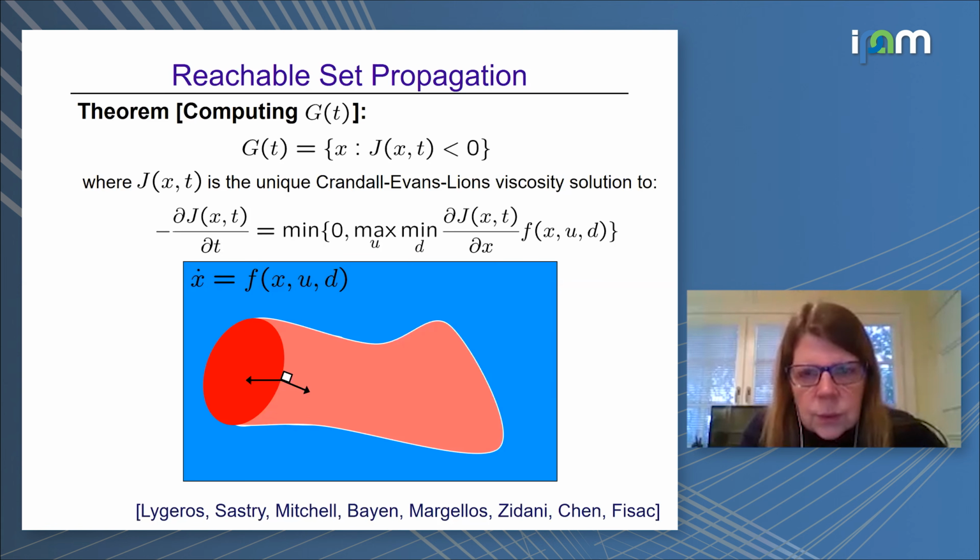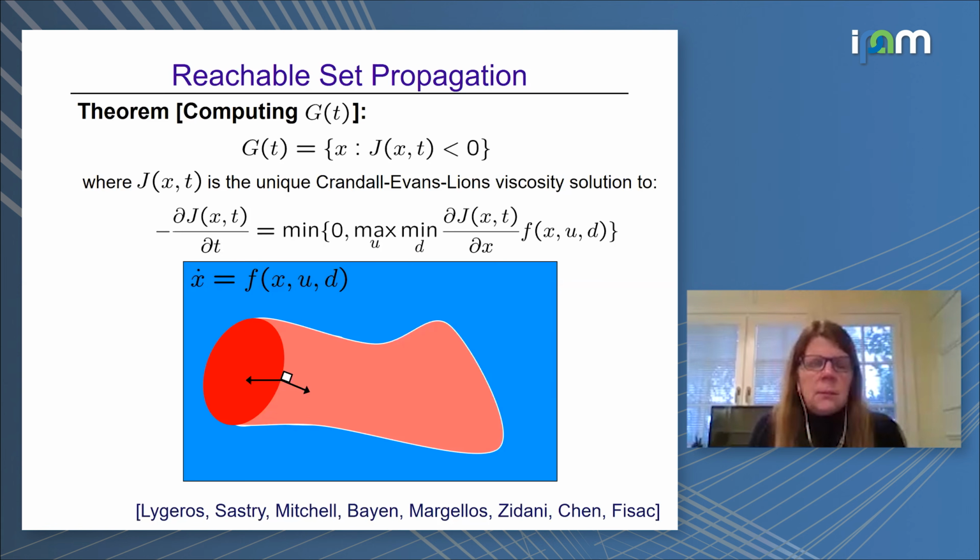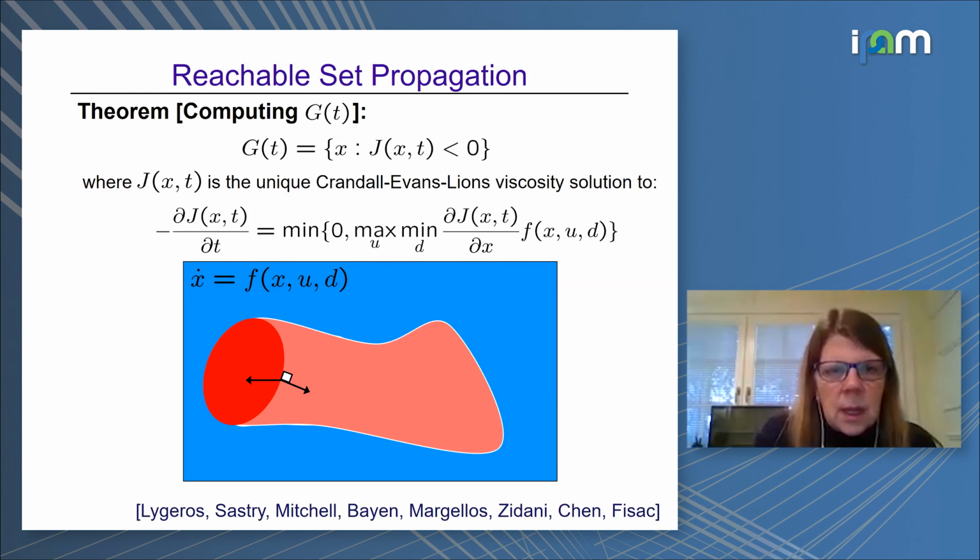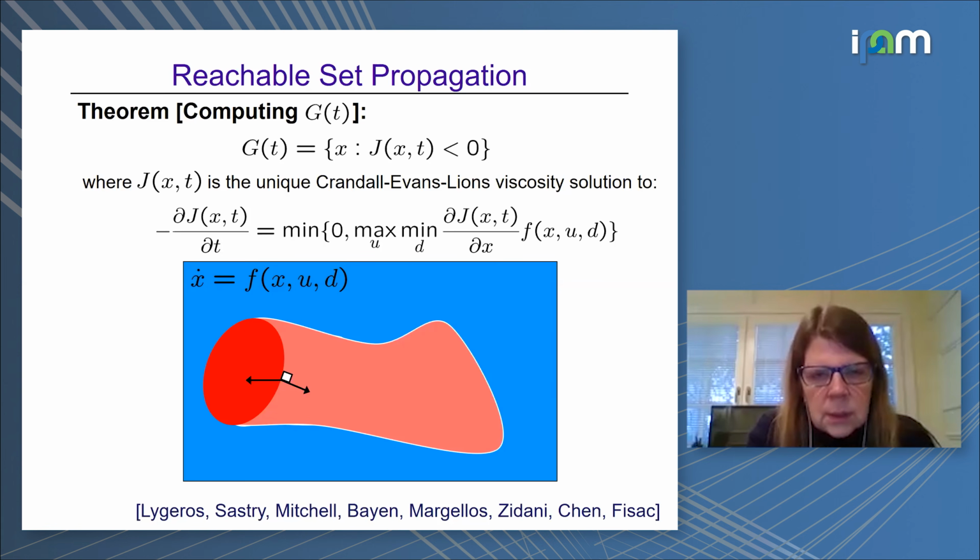Okay, so this is a mathematical characterization of that, and we worked on this several years ago, and then Ian Mitchell in his PhD thesis characterized that and proved this. And there have been a number of other people in the community of control and dynamic games working on different formulations of this.